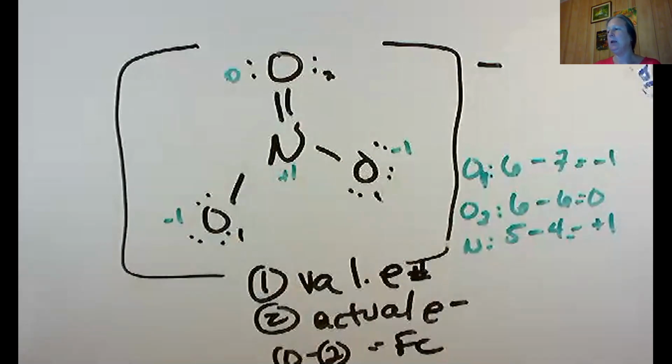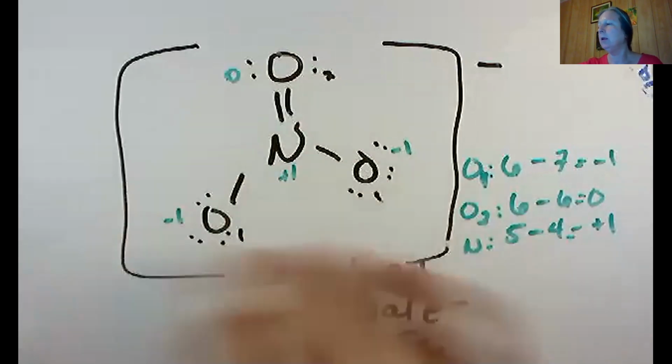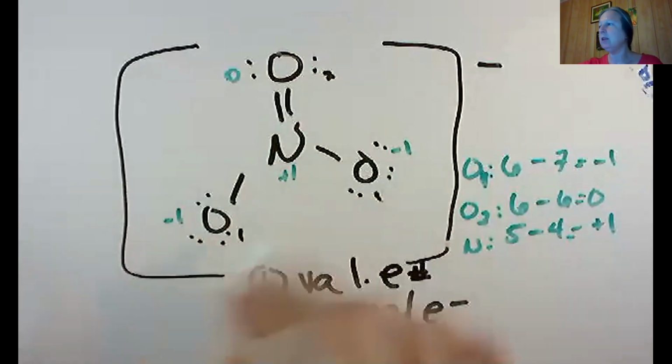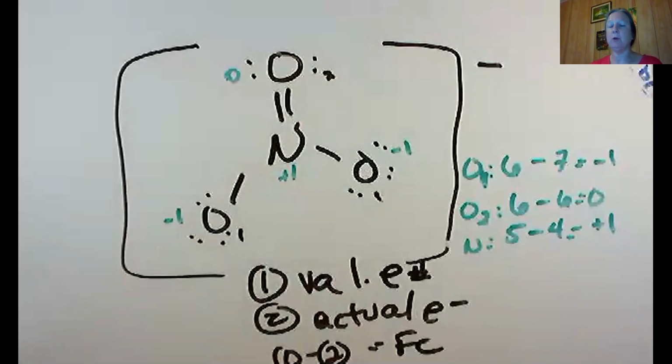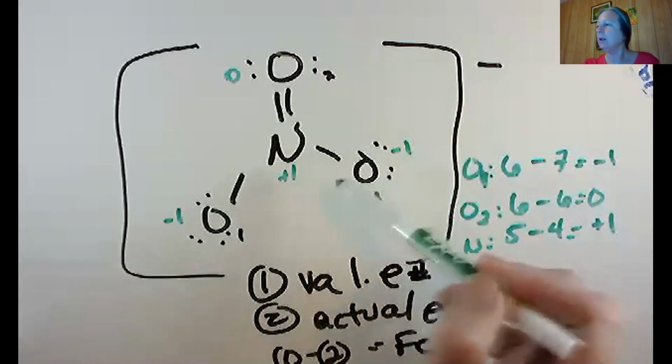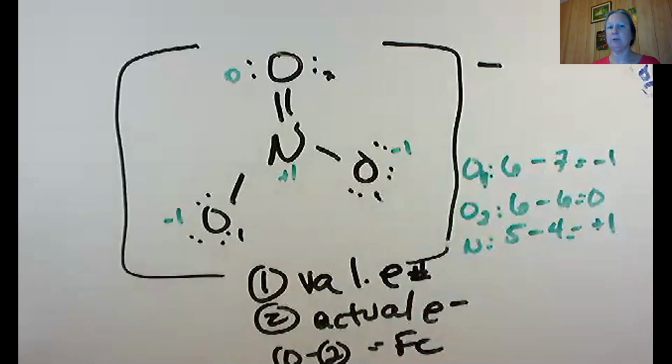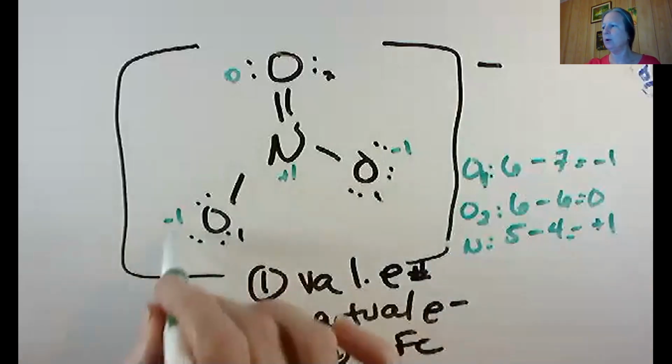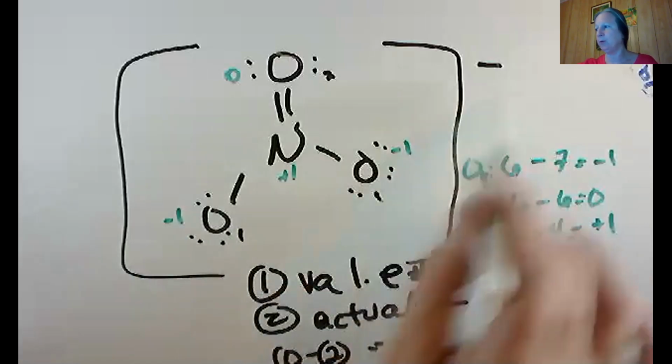Now we're going to look at the rules. First of all, the sum of your formal charges has got to equal the charge of your ion. If it's a molecule with no charge, then the sum has to be 0 because a molecule has no charge. But if it's an ion, the sum has to equal the ion's charge. So +1 and -1 will cancel out, so you have a -1.